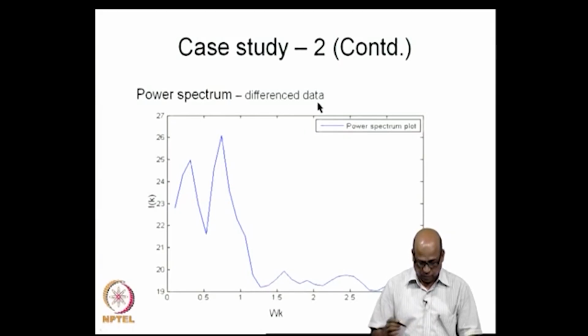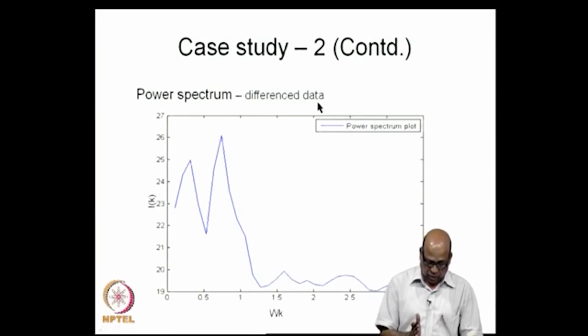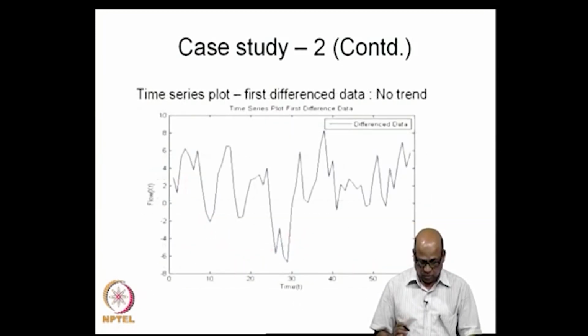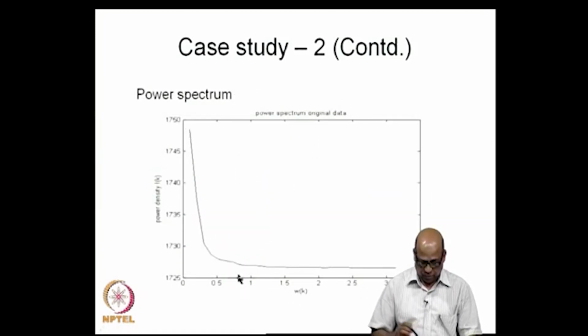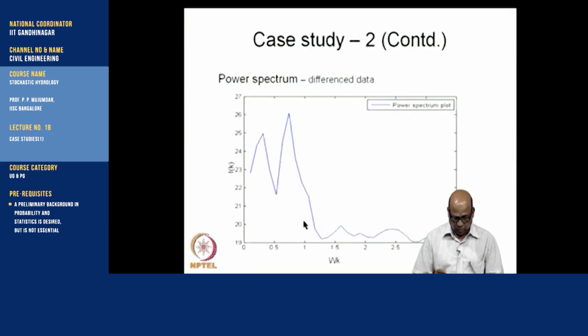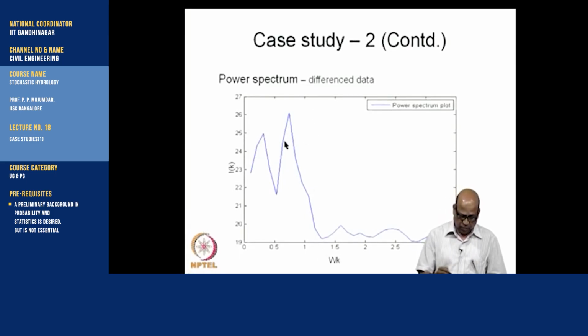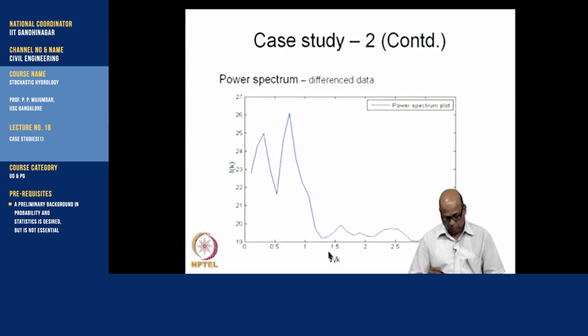The power spectrum for the difference data indicates, unlike the power spectrum of your original data, which had significant contribution to variance in the lower frequencies, that this is slightly more distributed now. So, you have contribution to variance almost up to about 1.2 or something, w k up to about 1.2.